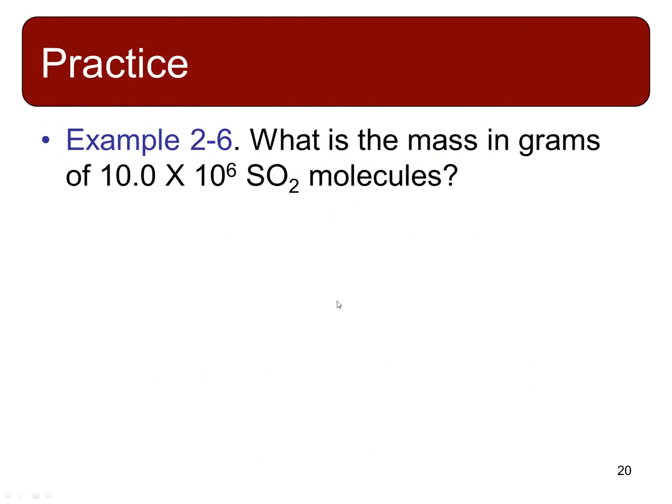All right, I want you guys to do this one. Find the mass in grams of this amount of SO2 molecules. Okay, so this time you're starting with molecules. So your first step is going to include Avogadro's number.